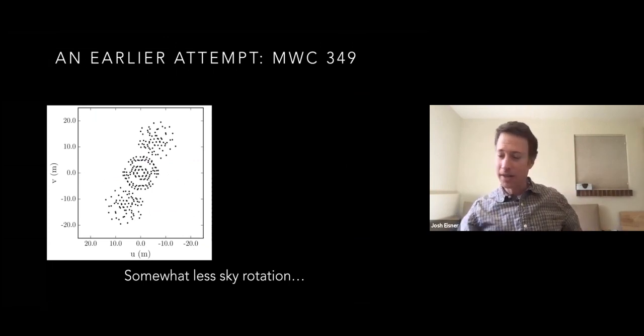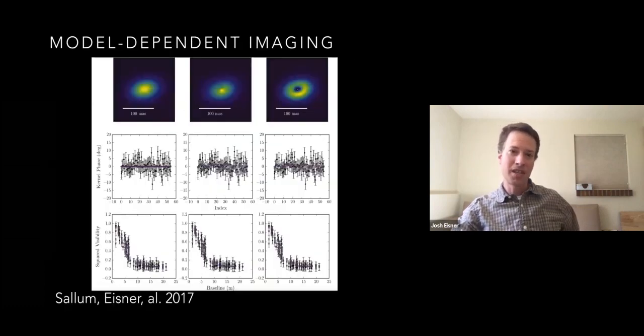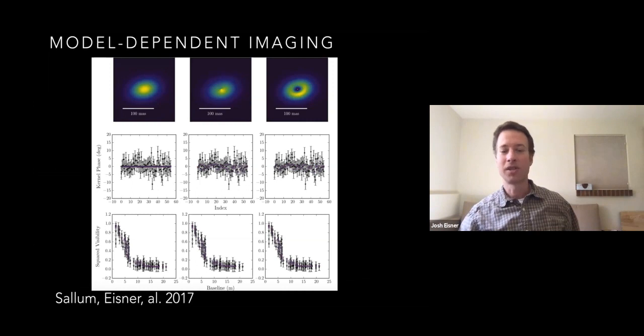And I'll just contrast that briefly with another source we looked at where we got less sky rotation. We didn't really have enough to make these model independent images. This was MWC 349. And here you can see we tried several different models. They all basically fit the data as well. We couldn't really tell which one was a true image. The images just changed with what prior we put in. So all we could tell was that it had to look something like this size scale and have some amount of skew. But other than that, we really couldn't do better.